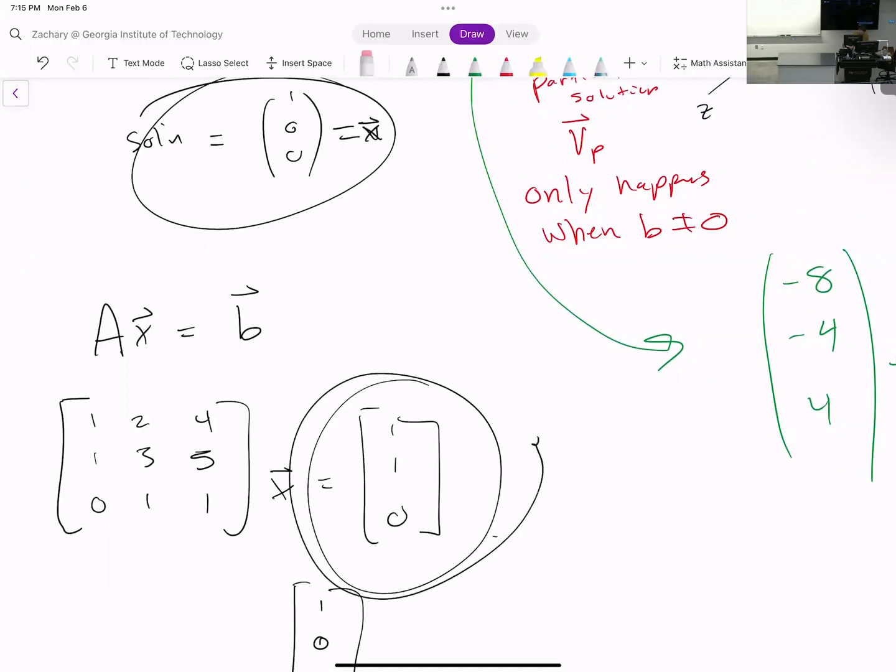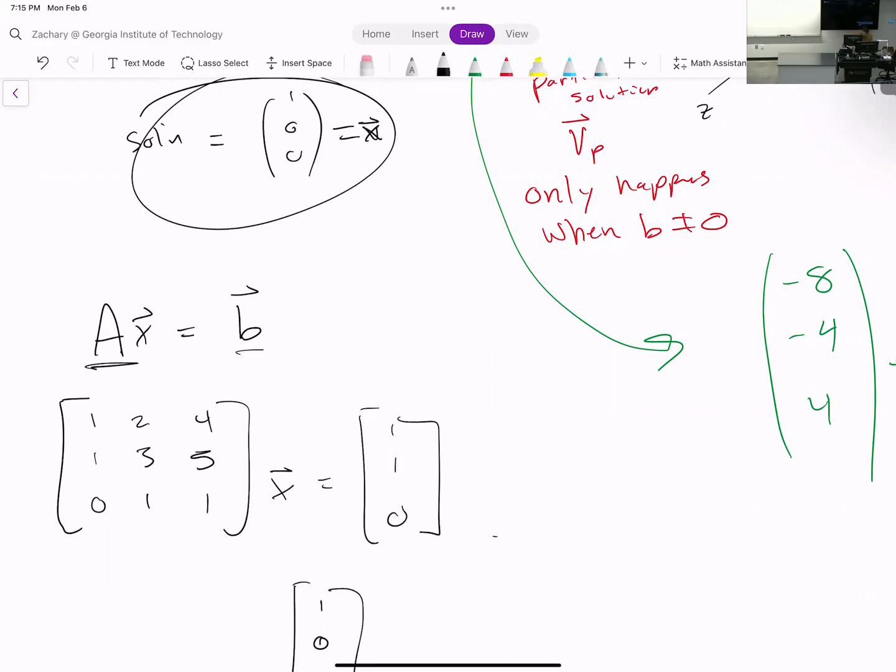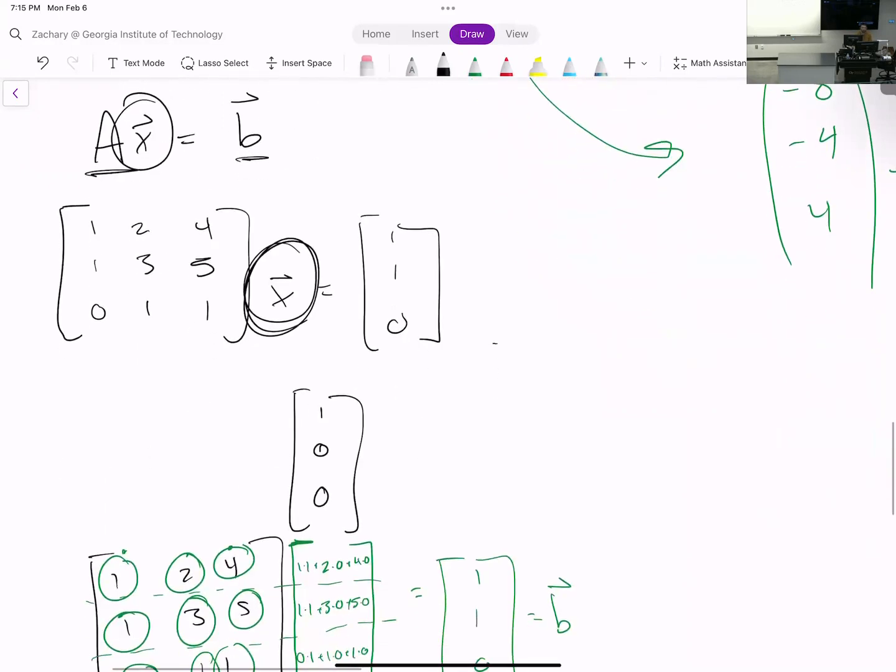Here, because this is me writing AX equals B, like we said, this is A and this is B, and this is X, which is our solution. So that's what I'm plugging in here. This is what my answer should be. Our X is this vector here. That's one of our solutions that we chose.